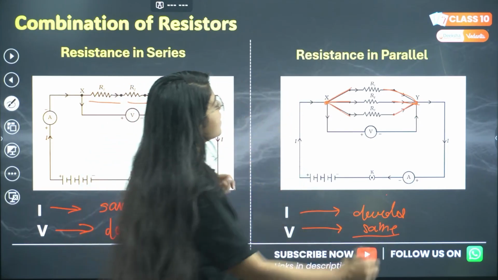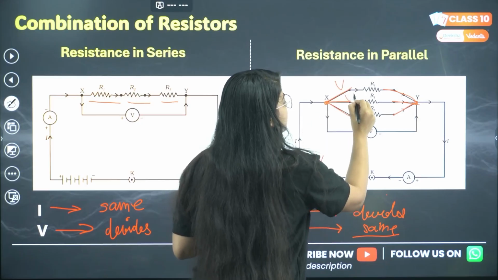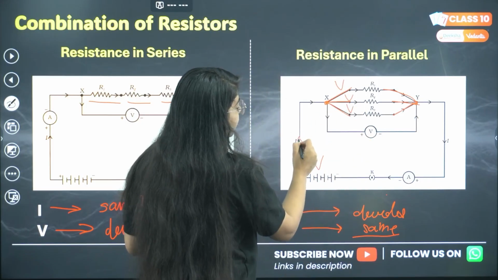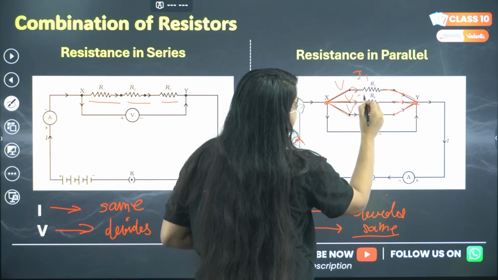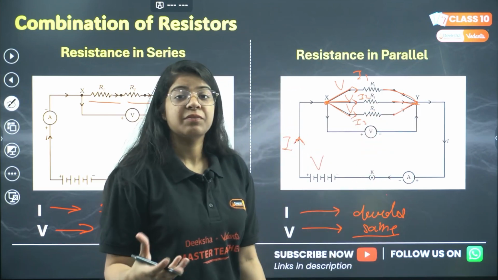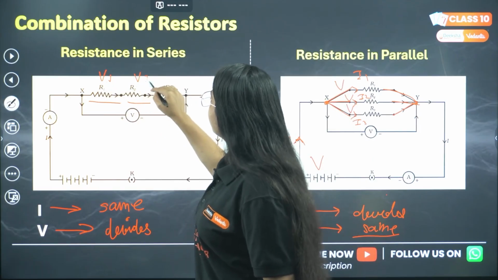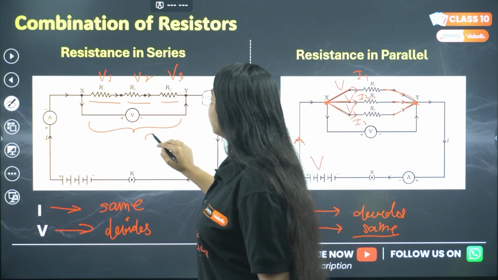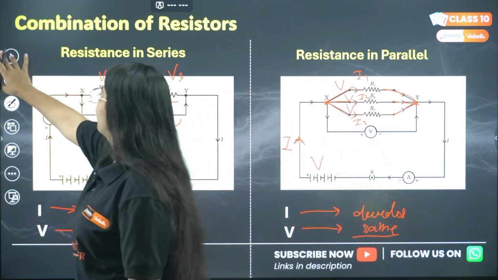So in this circuit, if this is V, then this will also experience V, this will also experience V. But if I is going through the circuit, then this will get I1, this will get I2, this will get I3, and all 3 of them will have different values. In series, this will get V1, this will get V2, this will get V3, but all 3 of them will get a single value of current, single value of I. Very good.